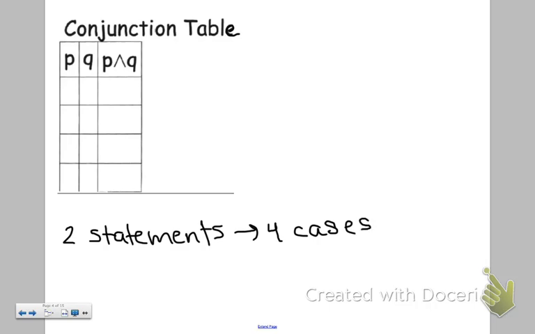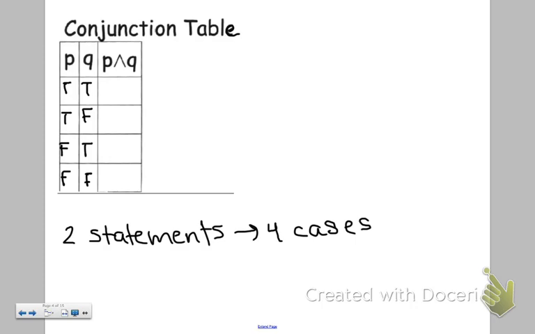So those four cases are going to be that P and Q are both true, that P is true and Q is false, that P is false and Q is true, and then that P and Q are both false. So as we fill in P and Q for this table that has two statements, it's going to go true, true, true, false, false, true, false, false.